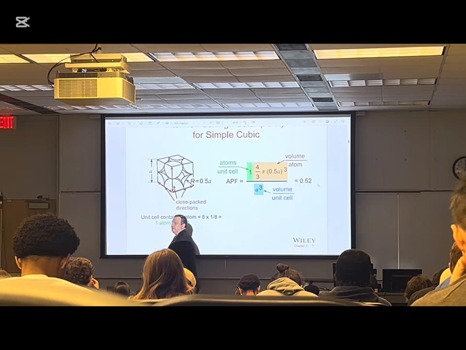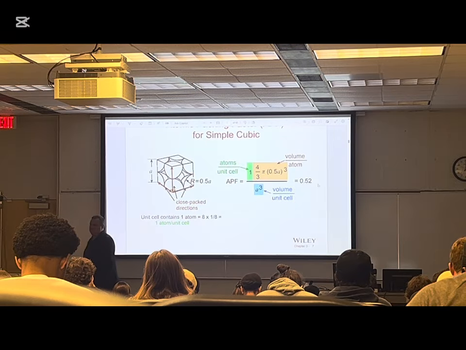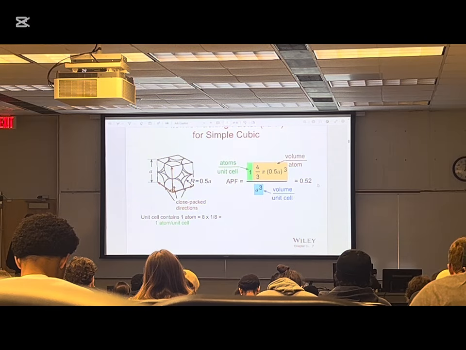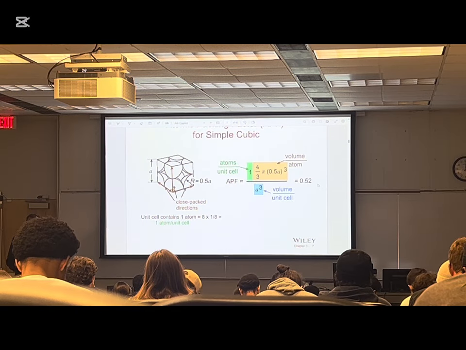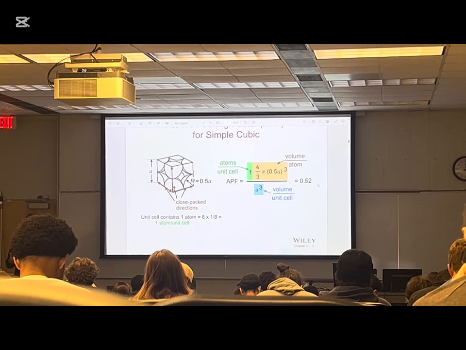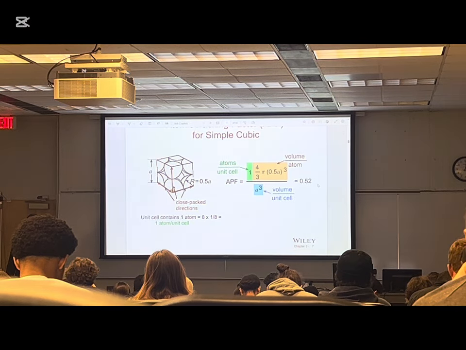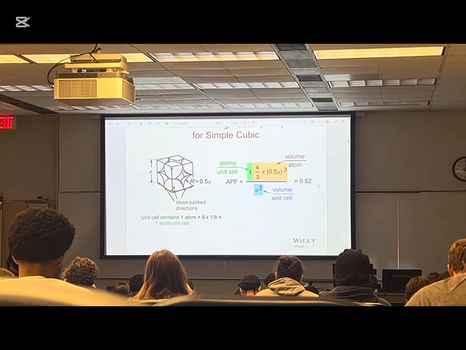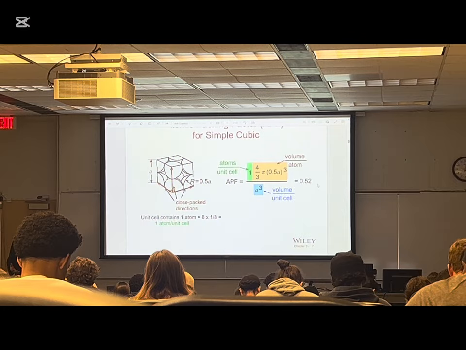We get 0.52. 0.52 in percent is how much? 52%. And what's the rest? 48%. There's 48% of space in this structure. Almost half is empty. You guys are paying rent. We should move in.